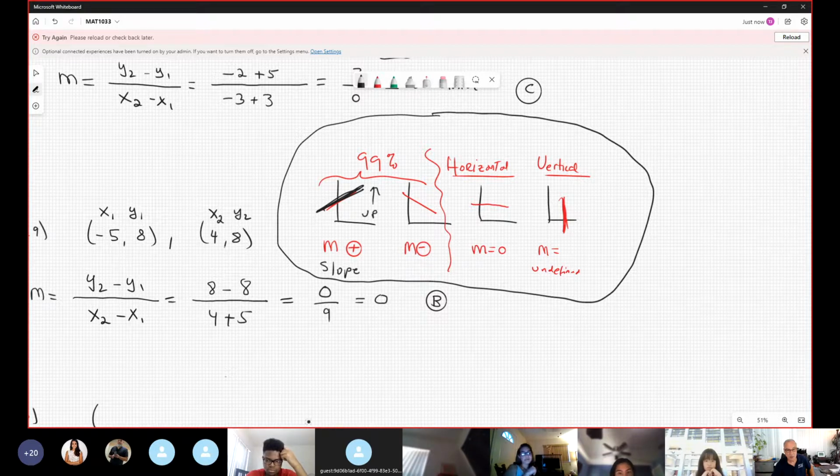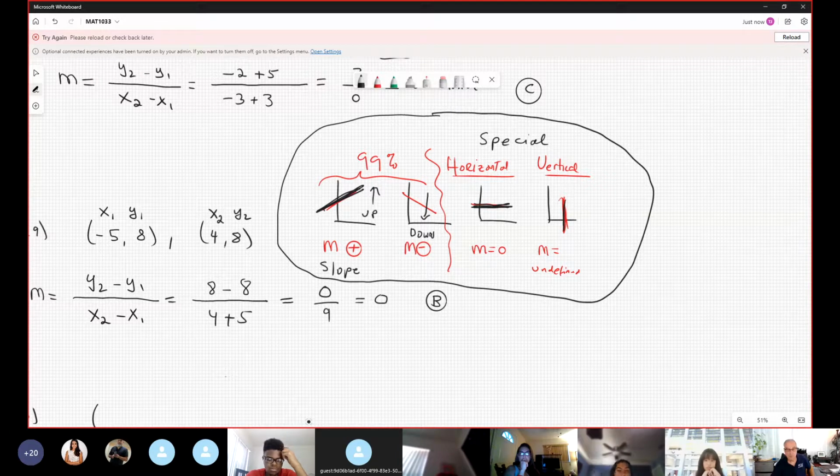When the slope is positive, it goes up. When it's negative, it's completely opposite. It's going down. However, we have two particular cases, and they are special, guys. When the slope is 0, my line is completely horizontal, flat, no slope. And when the slope is undefined, it's vertical.